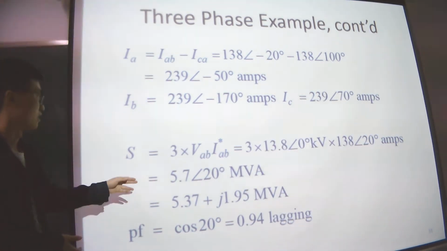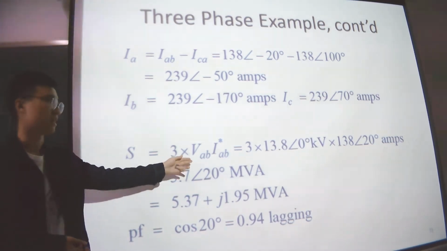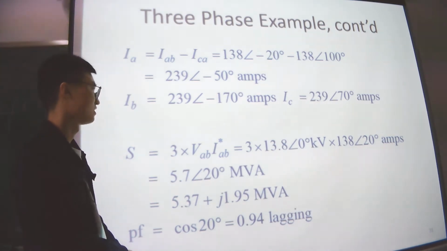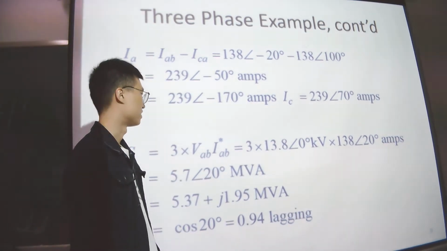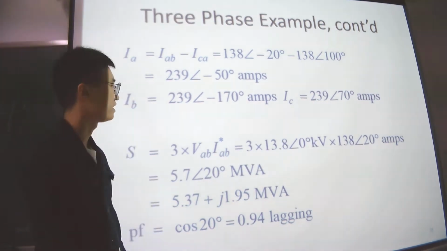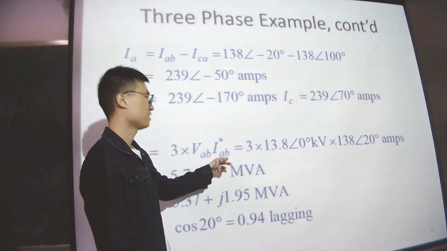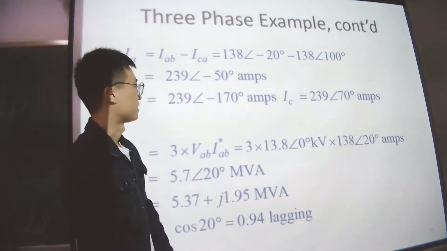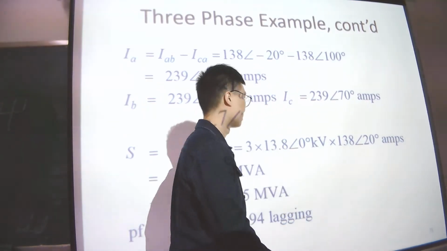So the total complex power, right? 3 times the complex power of each phase, right? 3 times the line voltage AB and the conjugate complex number of the current between A and B, right? I say that so it is minus 20 to the positive 20.